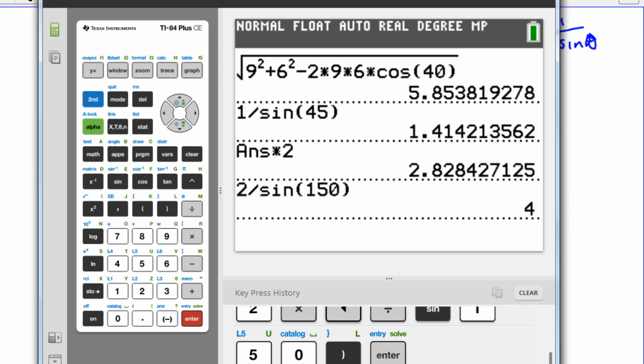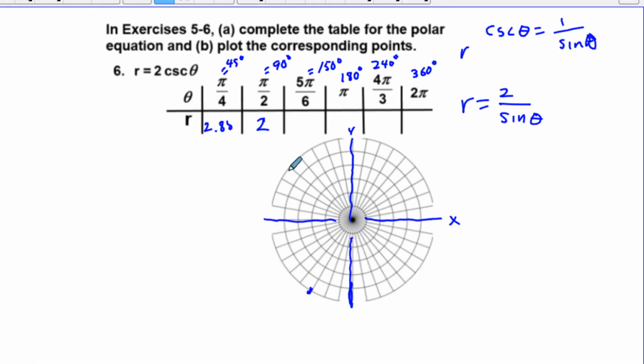I knew that, because I knew the sine was 1/2. So it would be 2 divided by 1/2, which is 4. And for pi, we're going to have 2 over 0. Well, 2 divided by 0, that's going to be undefined.